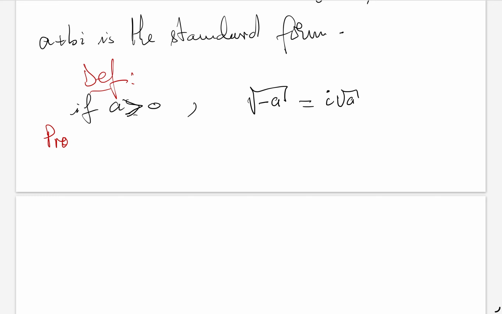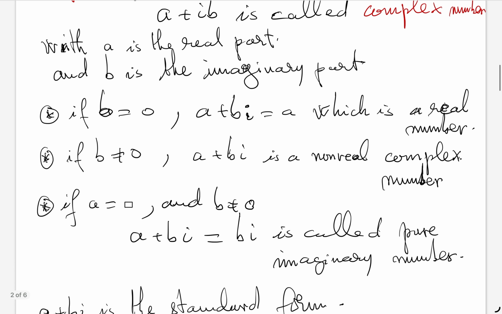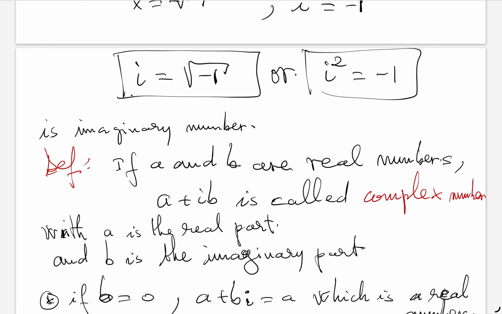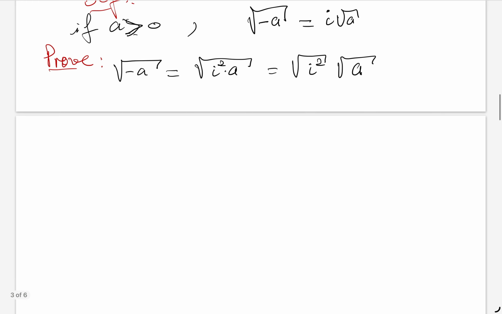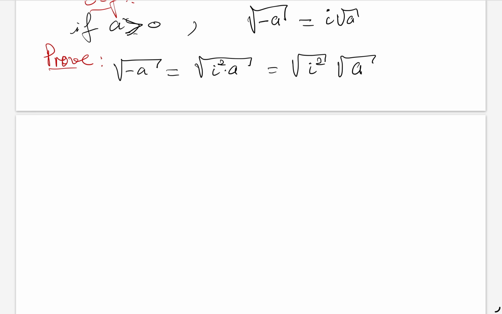The square root of negative a is equal to the square root of i squared a. Why? Because if you go back here, I just replace negative 1 by i squared. That's what I did here. And then this is the square root of i squared times the square root of a. And remember, the square root of i squared is just i, and then the square root of a. That's it.